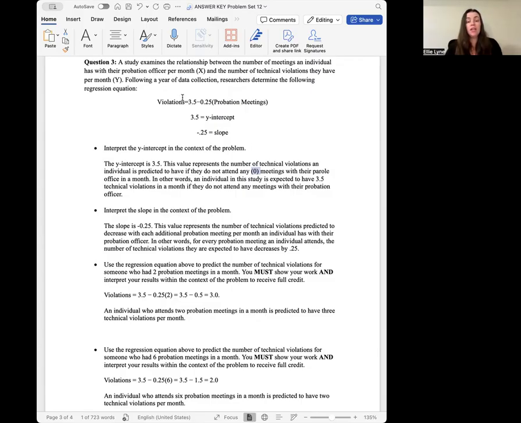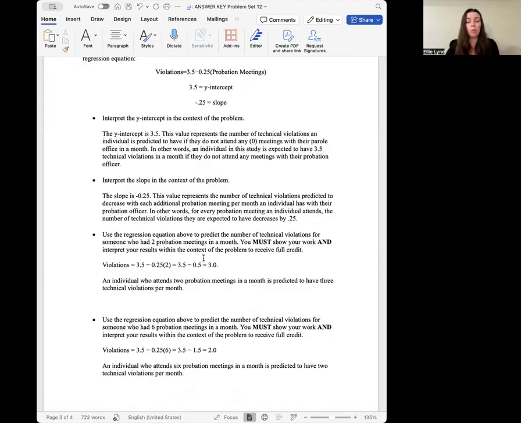And so that's what they would be predicted to have if they did not participate in any meetings at all, right? And then we are supposing with this treatment, essentially, of actually attending these probation meetings, that the number of violations should decrease with every probation meeting that they actually attend. So that's where this slope comes in below.